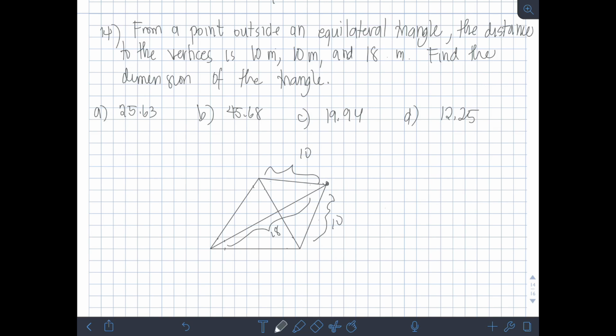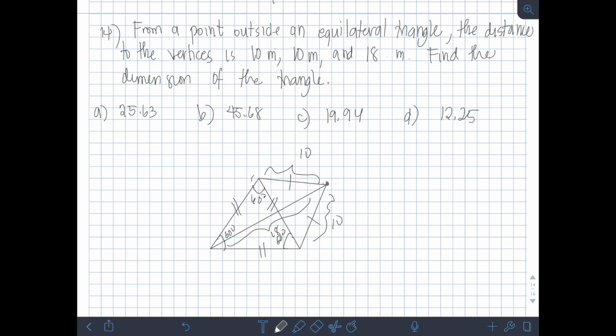Okay, so di ba yung angles ng equilateral triangle ay lahat 60. So, 60 degree to, 60 degree to, 60 degree to. Okay? So, kung mapansin nyo, ito ay isosceles triangle yan, di ba? Congruent itong 10 dito sa another 10 meters na length. Ito rin, yung sides ng equilateral triangle ay congruent sa isa't isa.